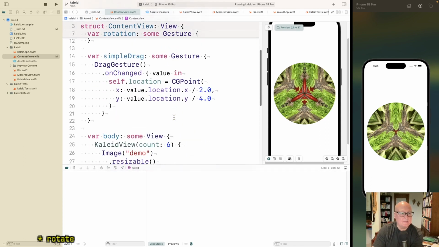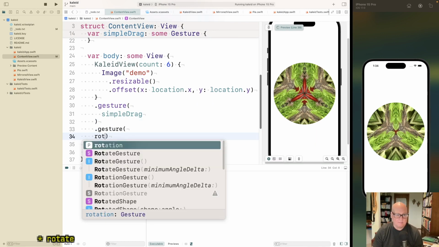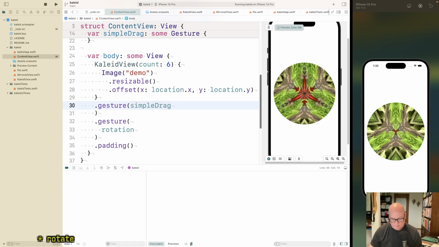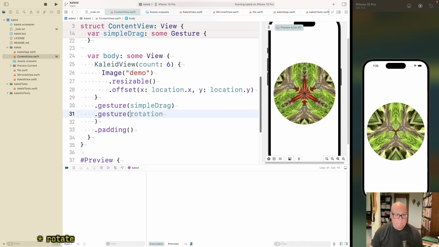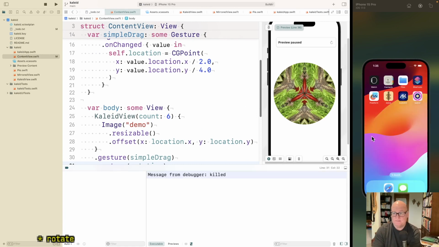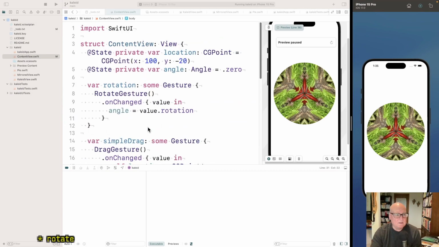Well, that can be on one line. Okay, this should run because I'm not doing anything with that gesture. Okay, and that's fine.